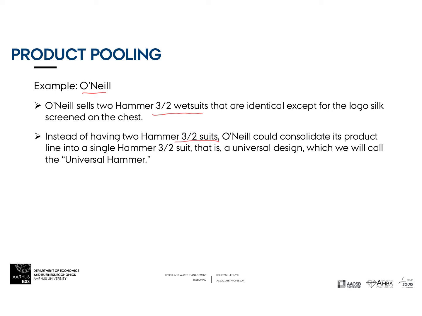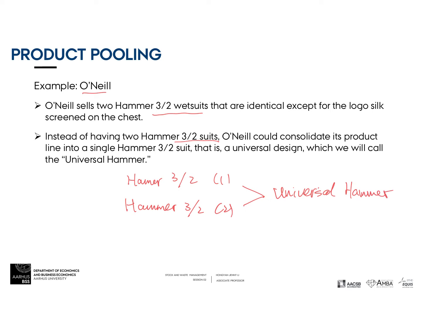So this starts from the Hammer 321 and the Hammer 322 and merges them into a single Universal Hammer. This is called product pooling: basically merging two products into a single product.